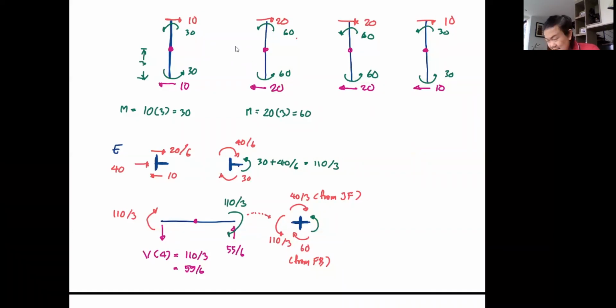I believe it's 110/3 as well. Okay. So now you can use this to calculate the next beam. And now you have the shear. I'm sorry, the moment coming in from 110/3 here. So this is this, right?